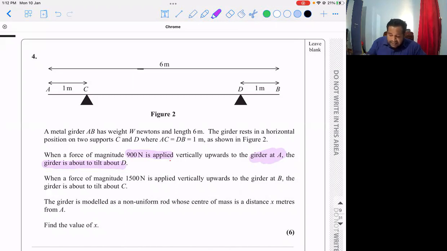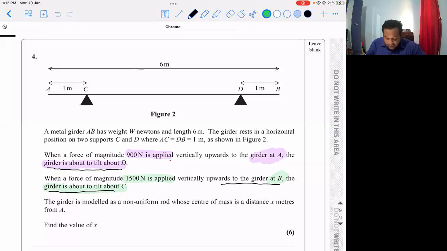The girder is about to tilt about D. Similarly, when a force of magnitude 1500 Newton is applied vertically upwards at B, what happens? The girder is about to tilt about C. So please mark or consider these two key points to do this question.